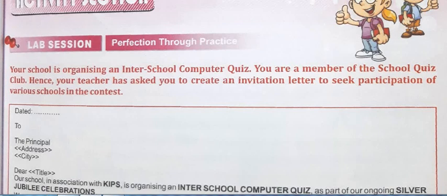And one more thing, whatever has been taught to you, do it practically, if you have a system. And first read the chapter thoroughly, whether you are able to understand it or not.